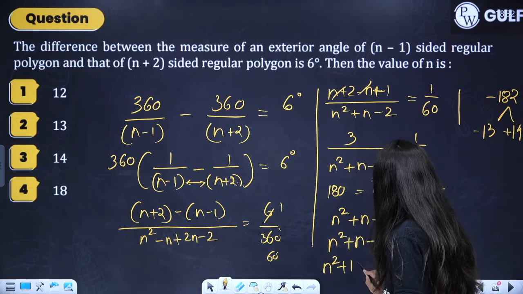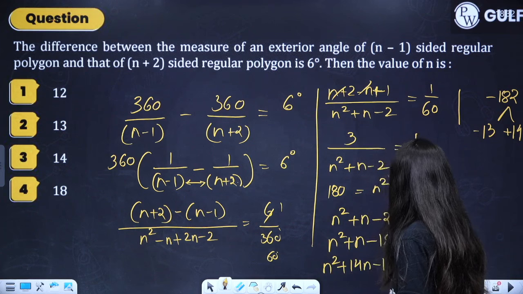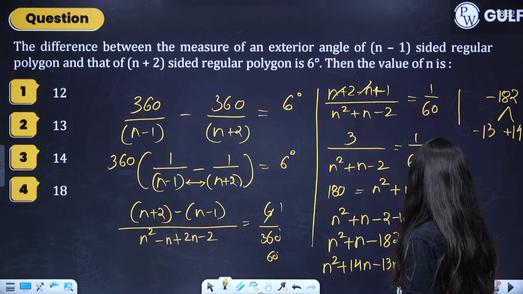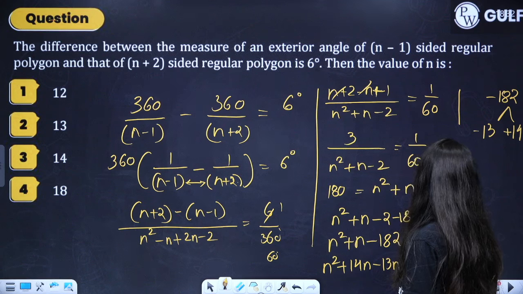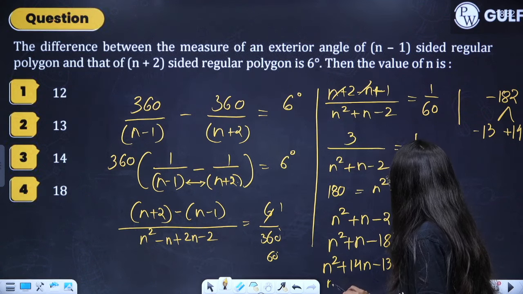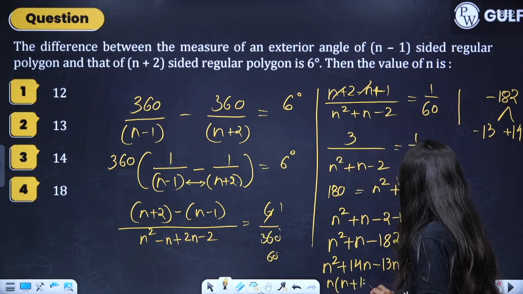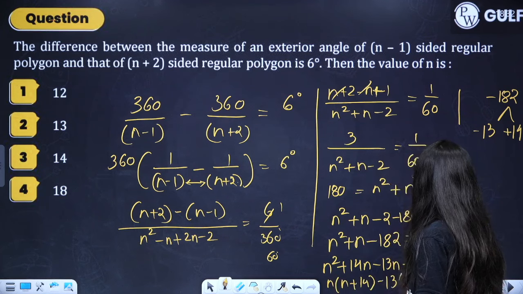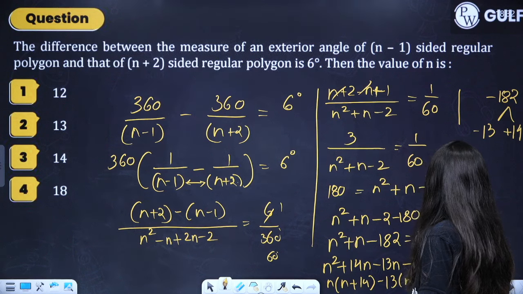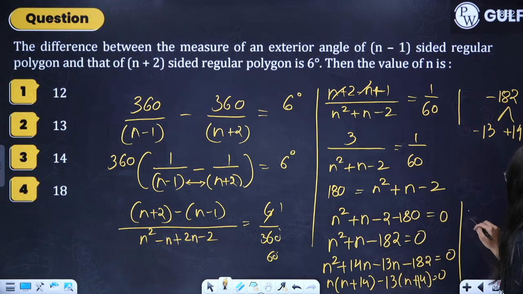Square 14 and equals to, take the common, 14. From this I'm getting n equals to negative 14 and n equals to positive 13, right?